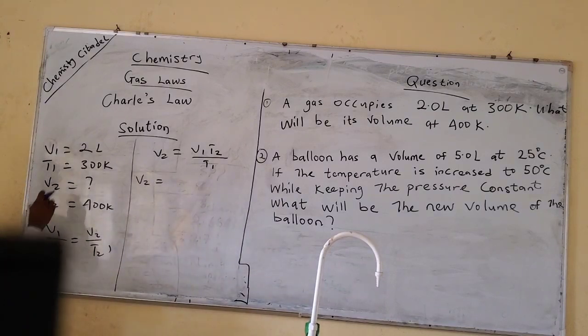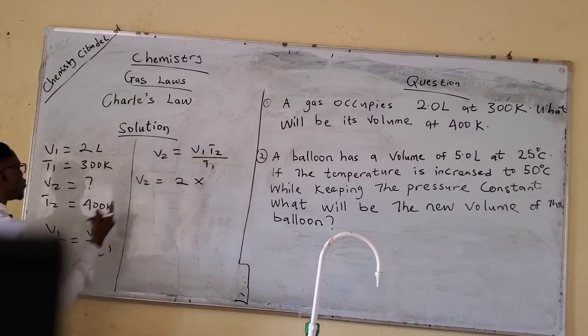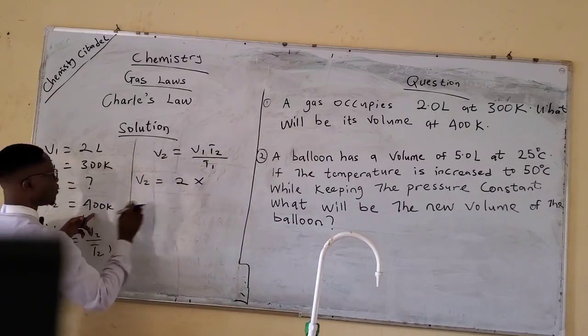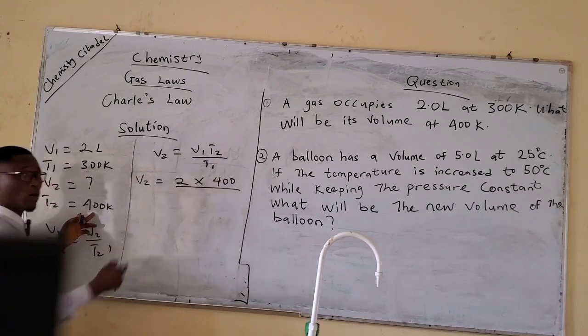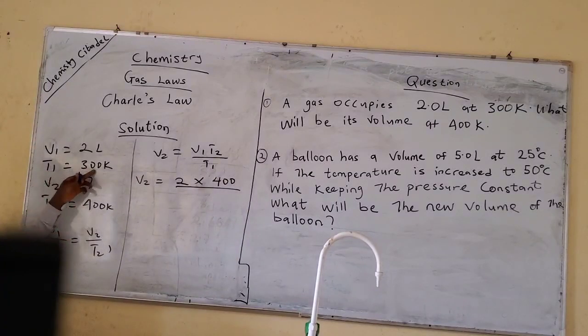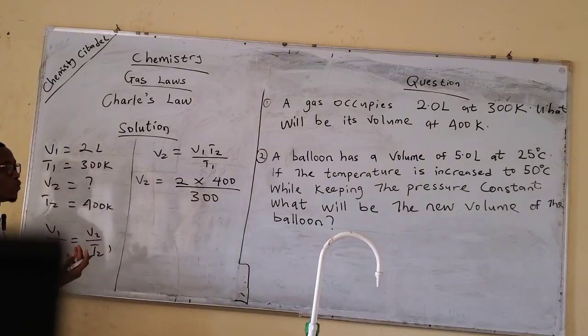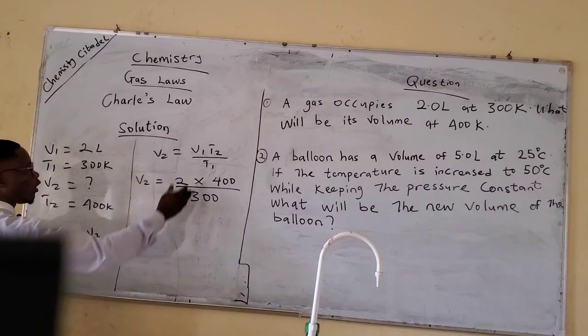You substitute. My V1 is 2 here. So 2 times T2. My T2 here is 400 Kelvin. Divided by T1. My T1 is 300 Kelvin. So now I've successfully substituted all the variables.